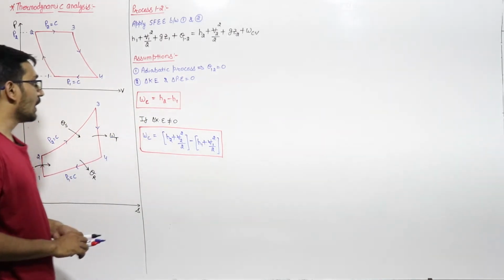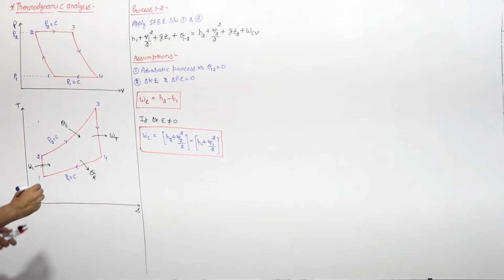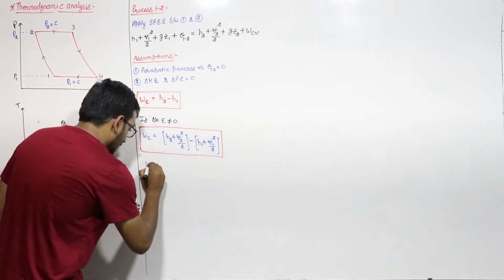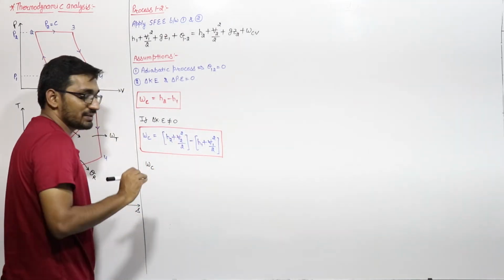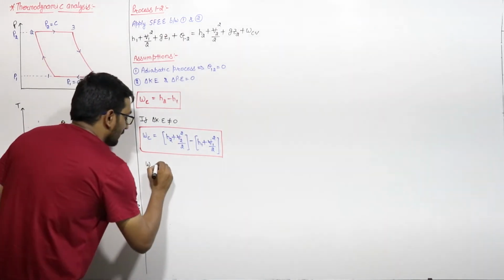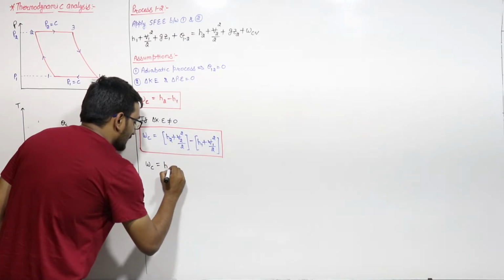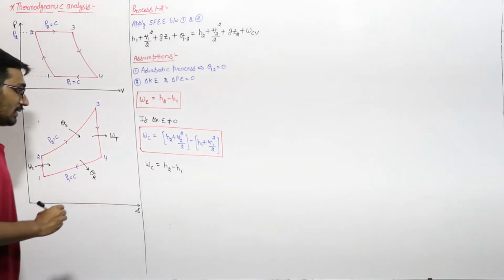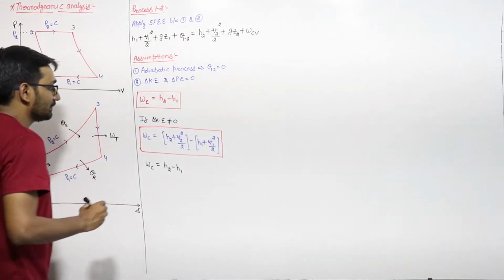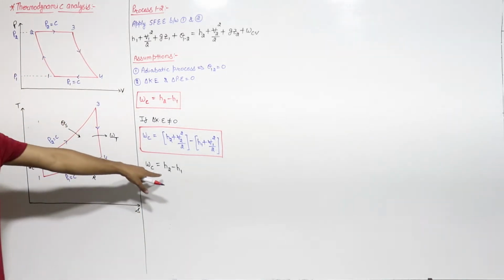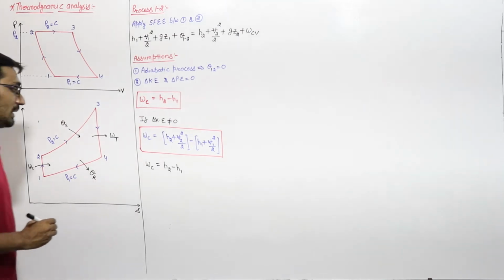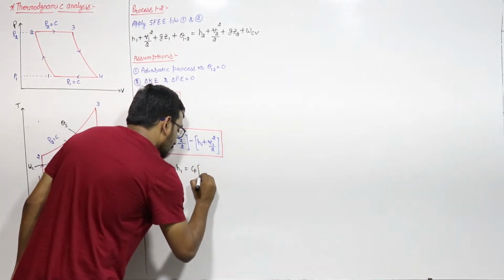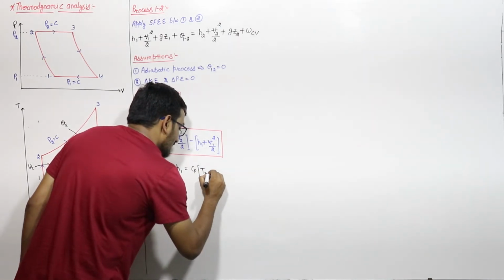Now, just pay attention. If the changes in kinetic energy and potential energy are 0, then the work consumed by the compressor is H2 minus H1. You know this is the change in enthalpy, which will be equal to Cp into T2 minus T1.